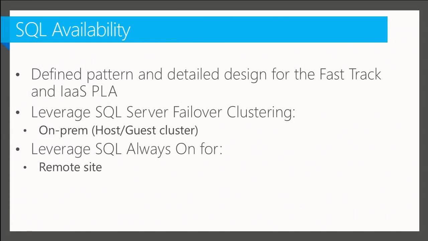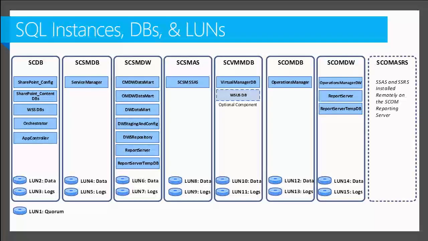Again, there are many deployment options when it comes to SQL. You can, of course, use an existing SQL environment. You can, of course, deploy a SQL Server per local component of System Center. But this is the best practice way that we recommend. And one reason for this, you'll see the high availability theme is weaved throughout all of these architectures.